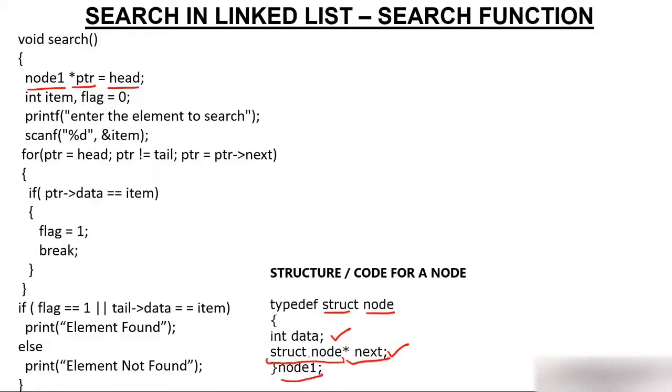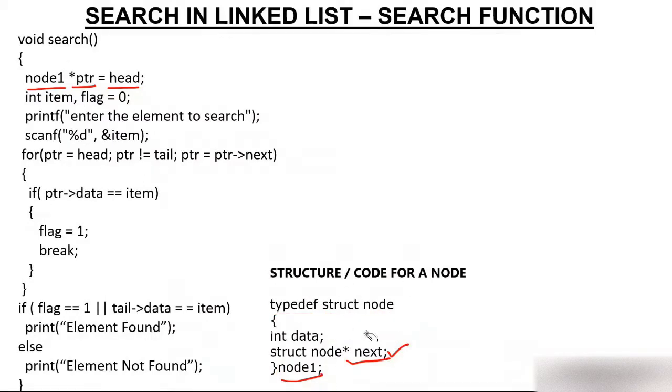I have typedef'd it, so instead of struct node I can use node1 as a representative of the entire structure. If you do not use typedef, everywhere you use node1 you would have to write struct node. To simplify the code I've used node1.